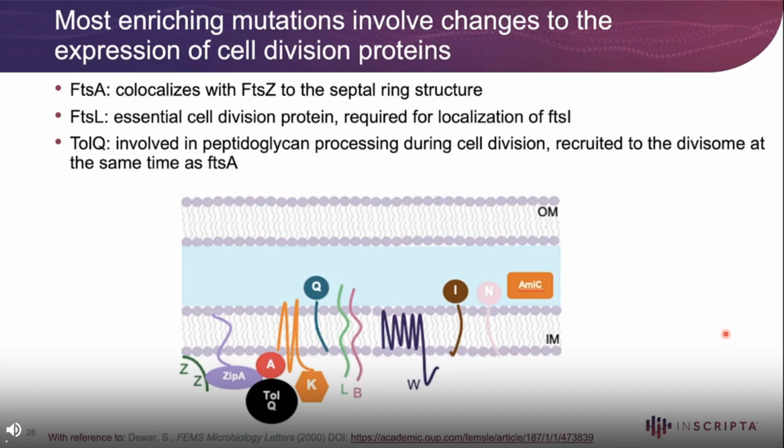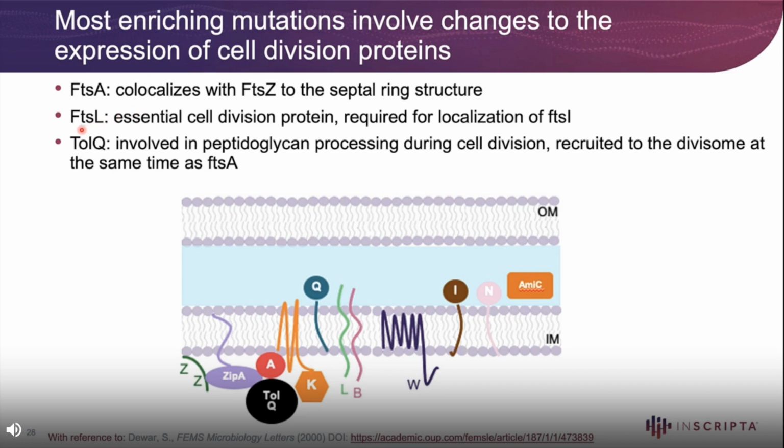What we saw in this selection was that the most enriching mutations involved changes to the expression of different cell division proteins. So the first cell division protein that had a lot of enrichment was FtsA. FtsA colocalizes with FtsZ to the septal ring structure.